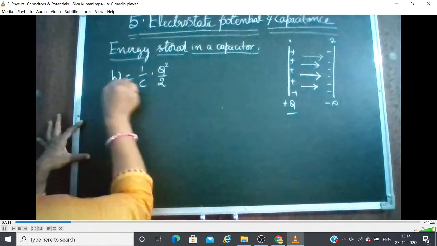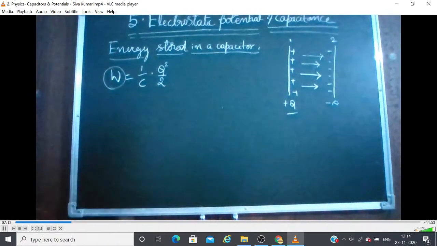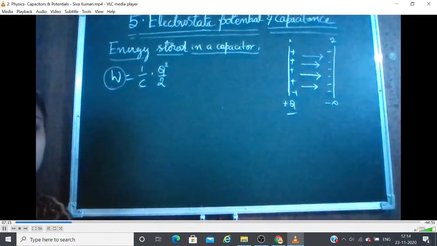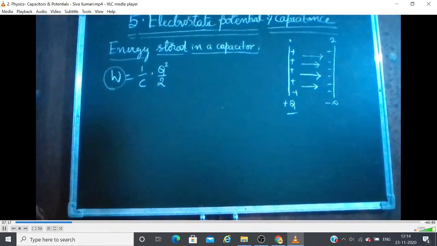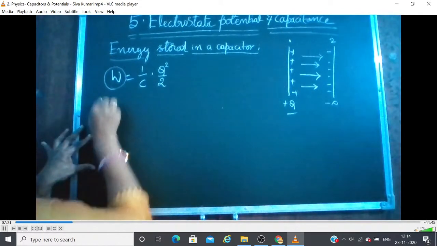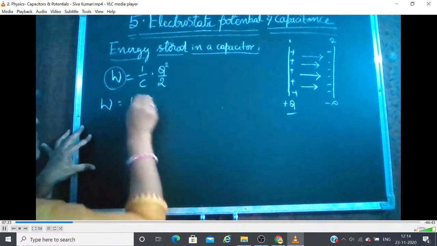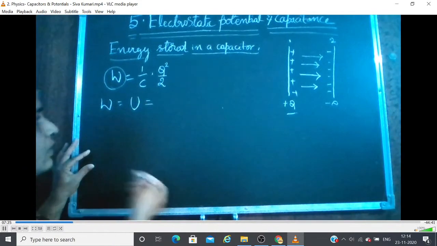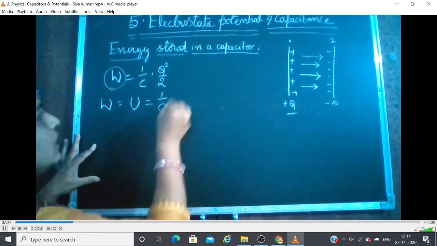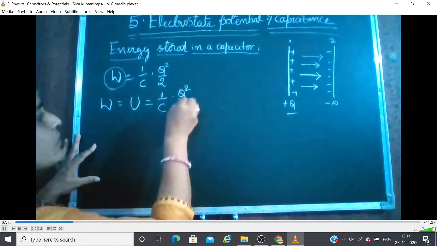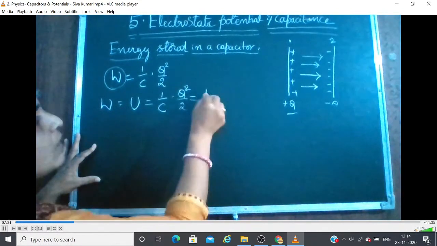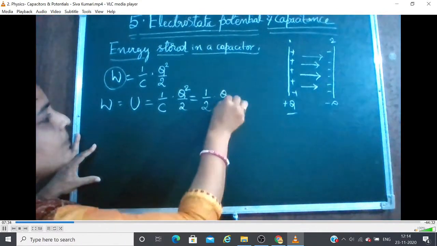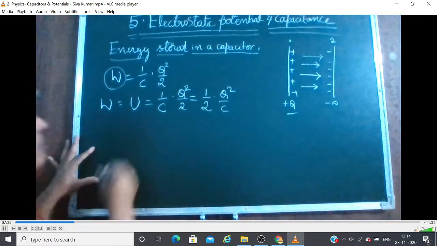And here the work done will be stored in the form of energy. So we can write the work done will be stored in the form of potential energy, 1 by C into Q square by 2, or we can write 1 by 2 Q square by C.